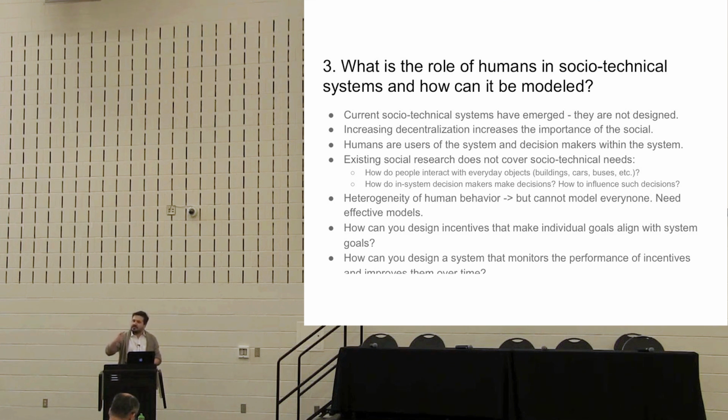The incentives that you give to these politicians are part of the city system, and you should change these incentives so that these individuals' goals align with the system's goals. All right. So, how can you do that? What sort of theories do you need to do that? And so on and so forth.